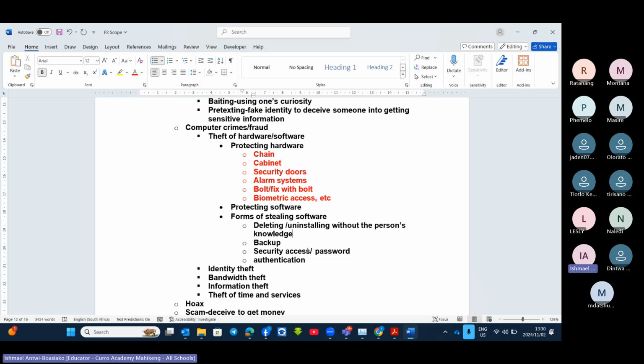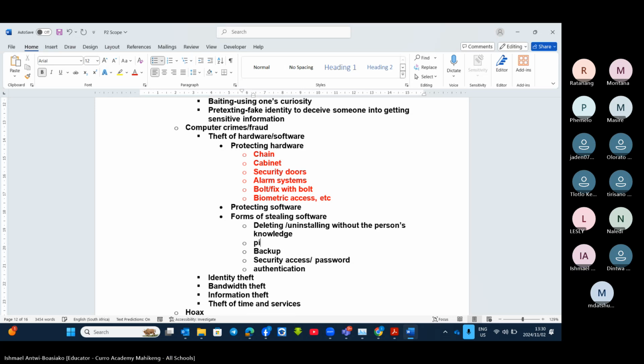And information, someone's information, logging into the person's account and then deleting the person's, let's say, pet. Somebody knows your password, logs into your computer, and then deletes your pet. It's also stealing of software and then information. So all these may come in different forms. It's not necessarily pirating. Piracy is also another form of stealing of software, deleting or uninstalling.